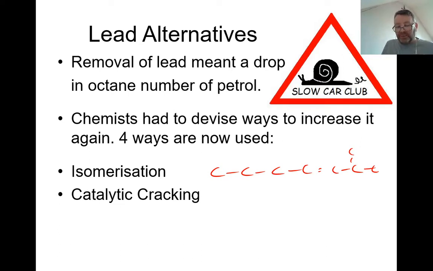Now, catalytic cracking means that you take your octane, and you can actually get a catalyst to break this chain at a very definite area. So say, for example, the catalyst comes in and breaks it here.